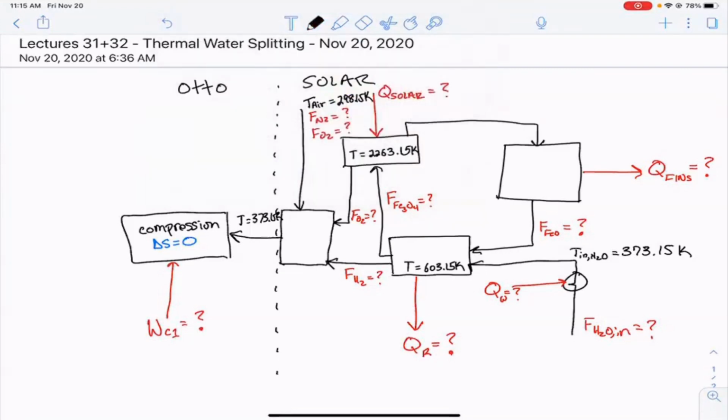Then after the compression, we're going to go into our combustion chamber. And we were told that the compression ratio was equal to 12 inside of the compressor.